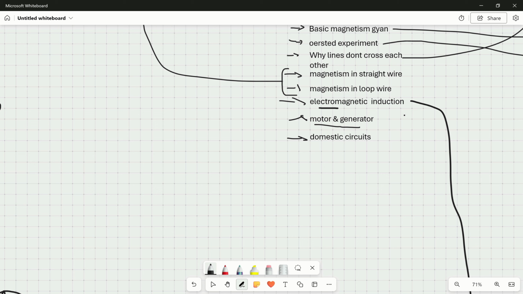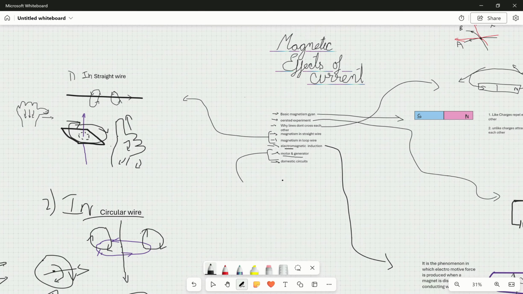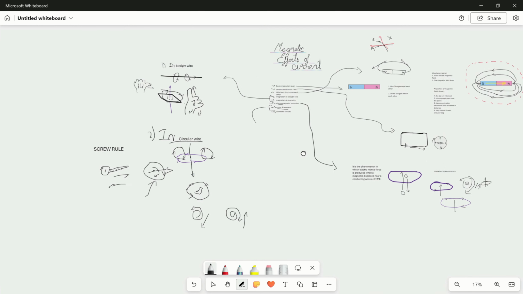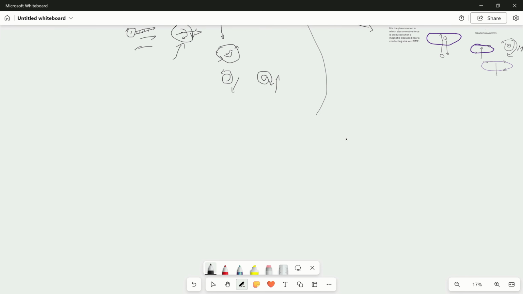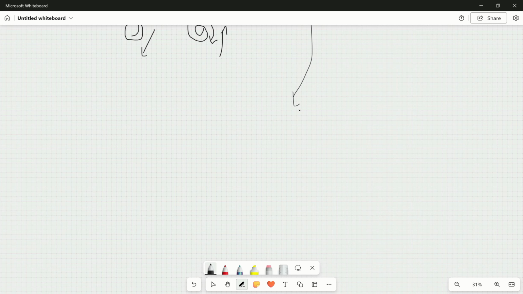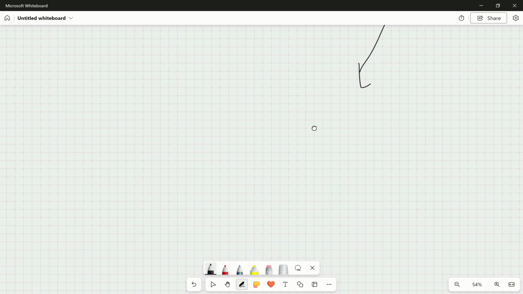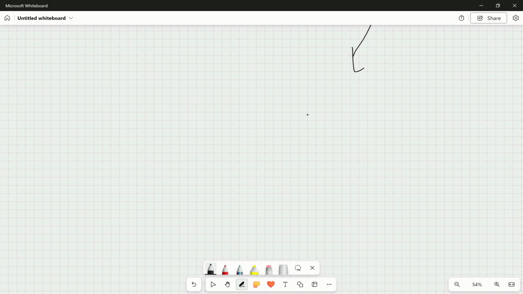So first, see a generator. First, let's see both together. Okay, let's take it. Where should we take it? I think this should be taken all the way downwards. Yeah, this is a good spot. So what is motor and what is generator? Motor and generator are just wires.